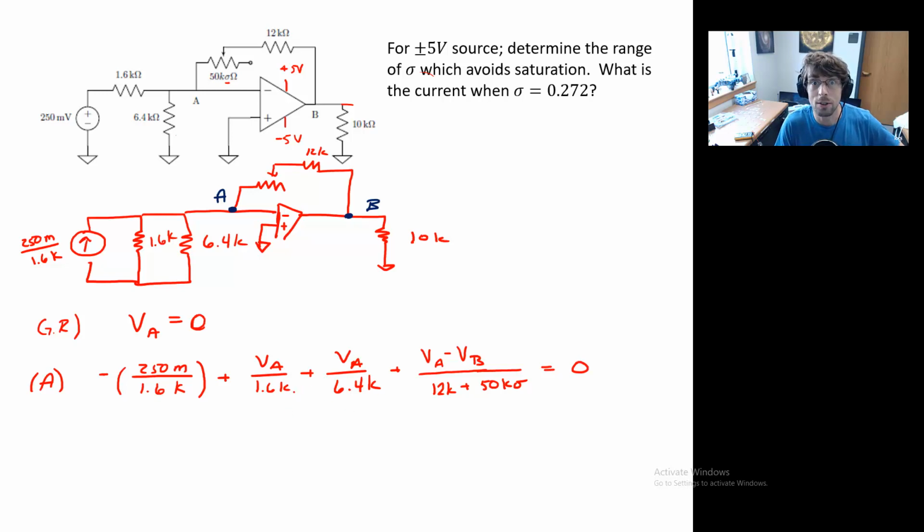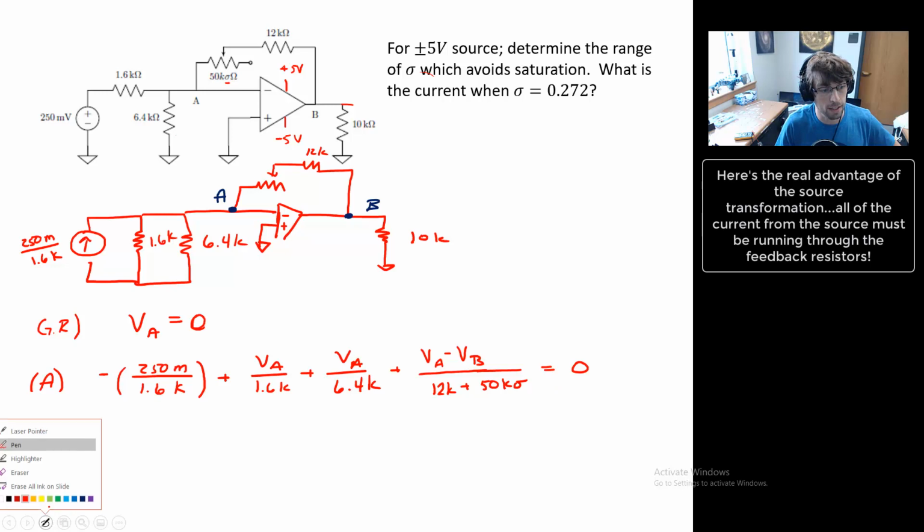Now, of course, you can see part of the advantage, right? Doing the source transformation and taking into account that the potential of A is 0, we can immediately eliminate those two terms from our equations.